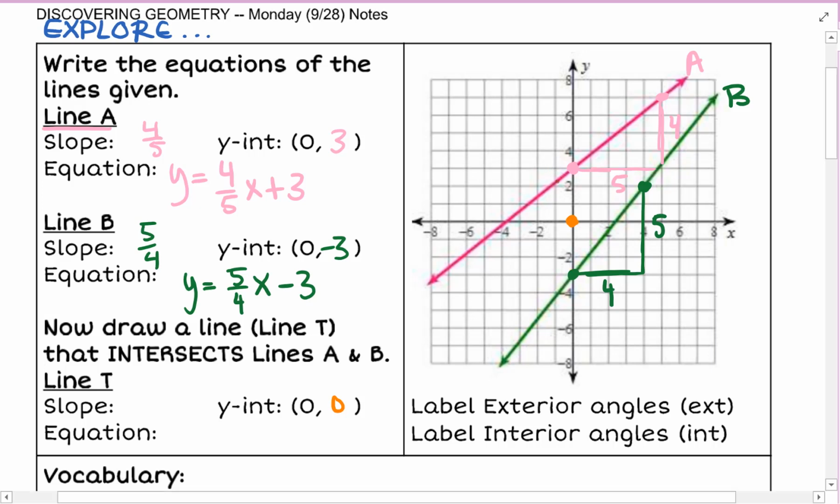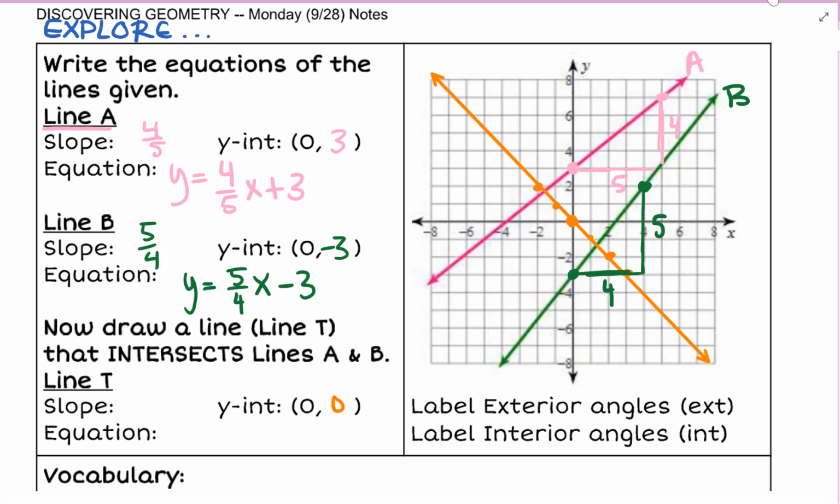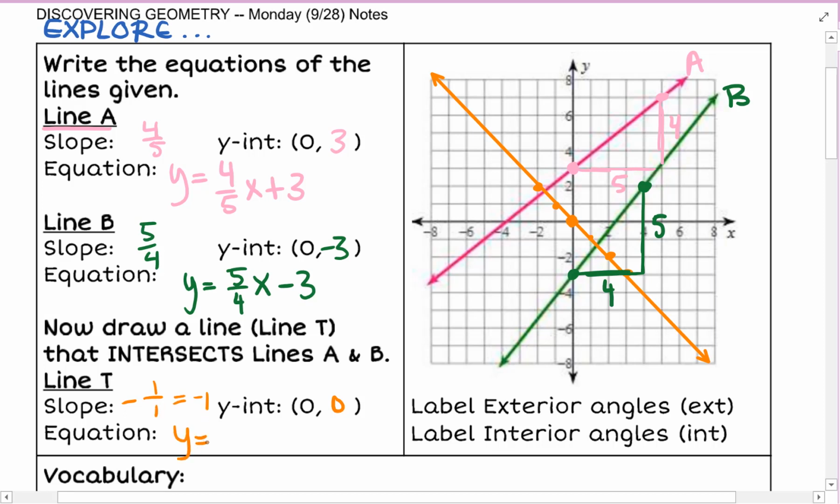I'm going to choose a slope of -1. This will intersect. So our slope is -1 over 1, or you can write that as -1. The equation would be y equals -1x plus 0. We don't need to put plus 0.